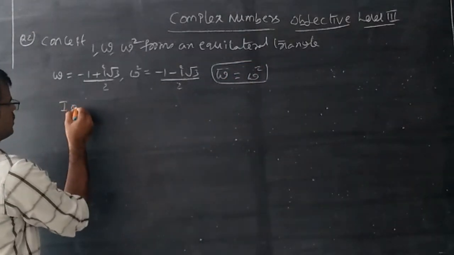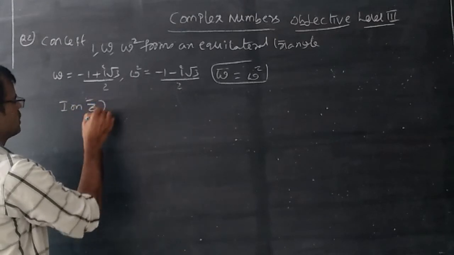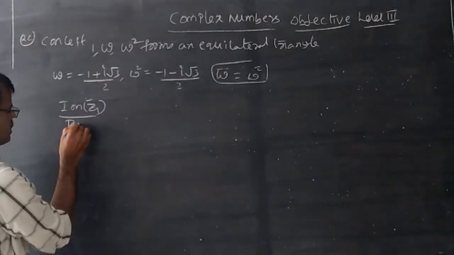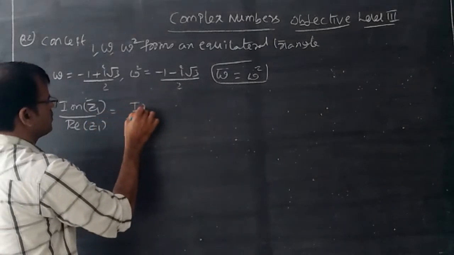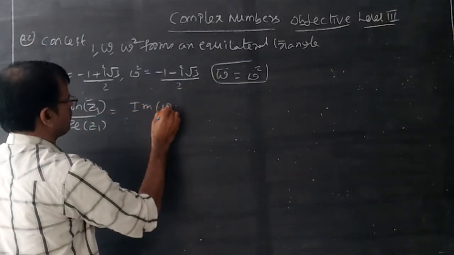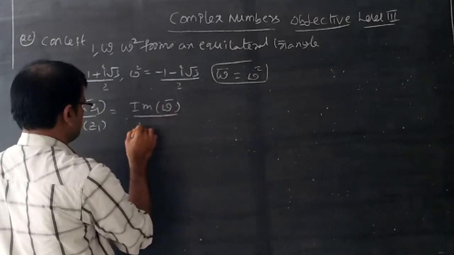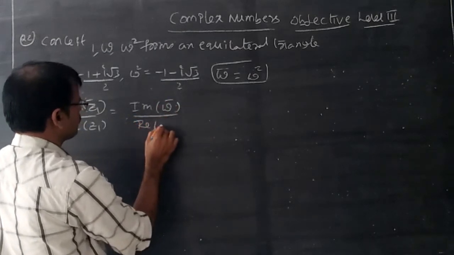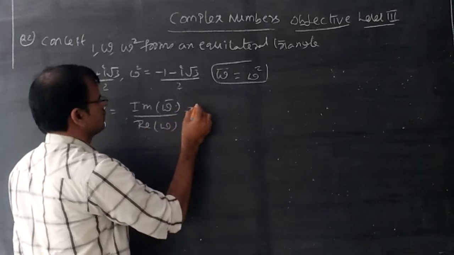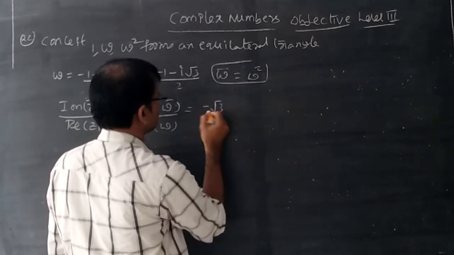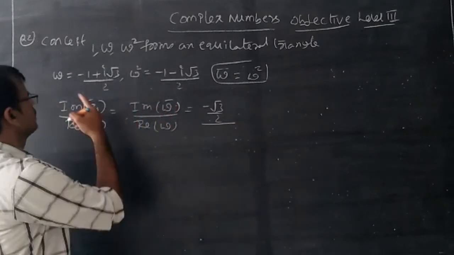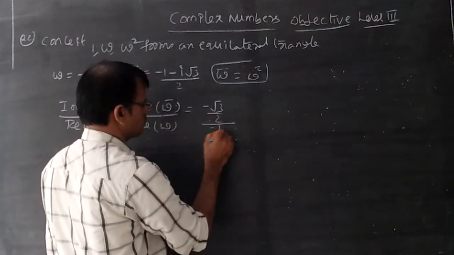So I am writing down the concept: imaginary of Z1 bar by real Z1. Here, imaginary of omega bar, that is omega square, by real of omega. Imaginary of omega square means minus root 3 by 2, by real omega, which is minus 1 by 2.